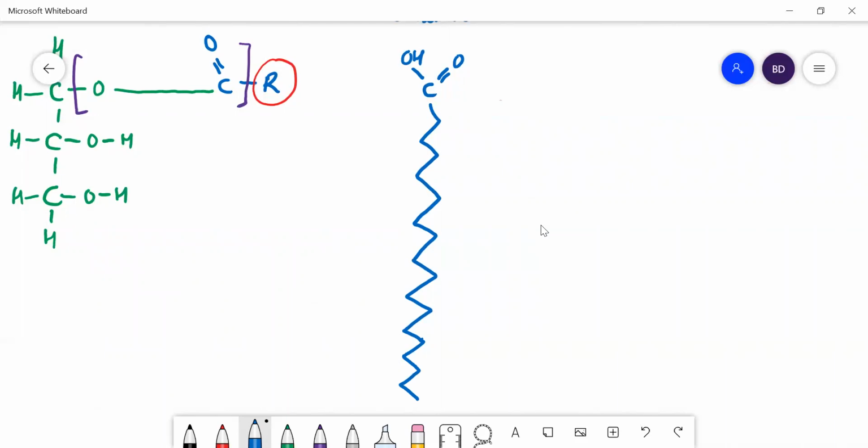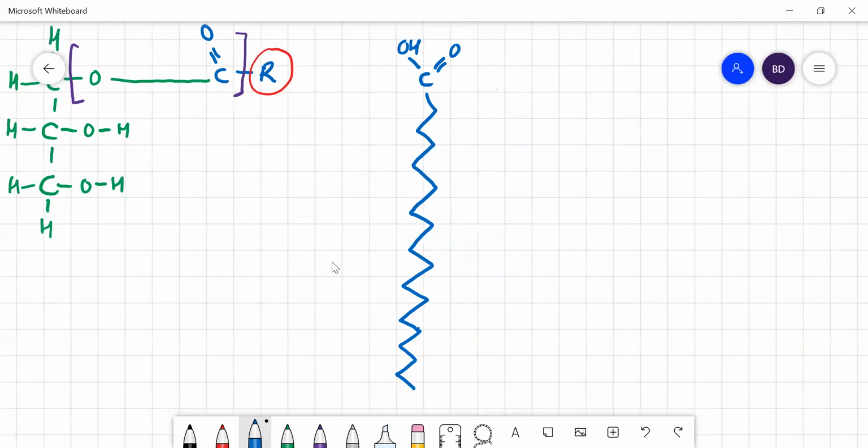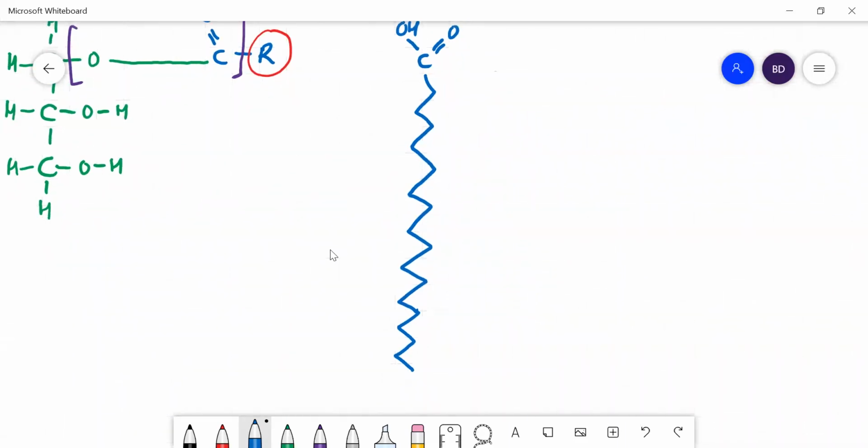Right, I'm going to put a double bond somewhere in there to make it an unsaturated fatty acid. I'm going to put one here. I've put that double bond 3 from the end. If this is the end carbon, that's number 1, number 2, number 3, so it's between 3 and 4. You'd call that an omega, a lowercase omega like that. That's an omega-3 fatty acid.